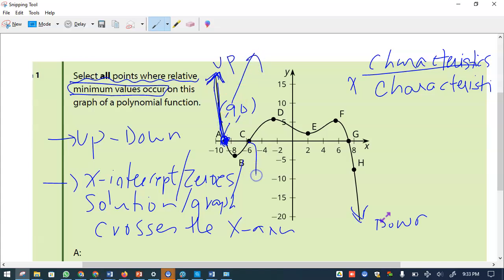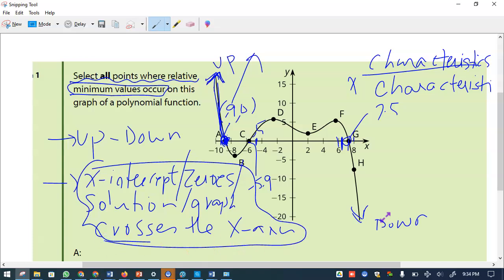This next one is just less than negative 5, between negative 5 and negative 6, close to maybe negative 5.9. And then there's another one right here, between 7 and 8, which will be 7.5. So these are called x-intercepts or zeros.